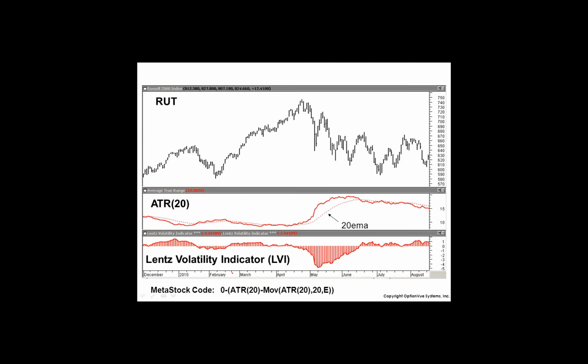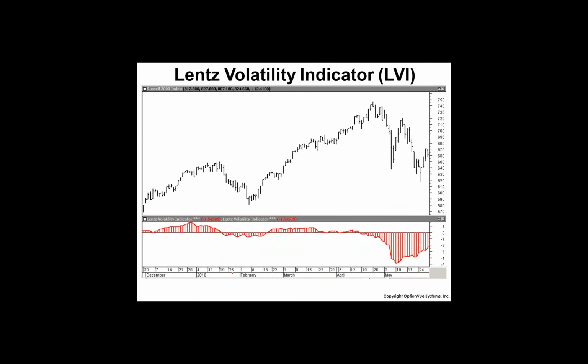As a narrative, the LVI is an inverted histogram of the difference between the 20-day average true range and its 20-day exponential average. Real simple. Now, here's what is really interesting.